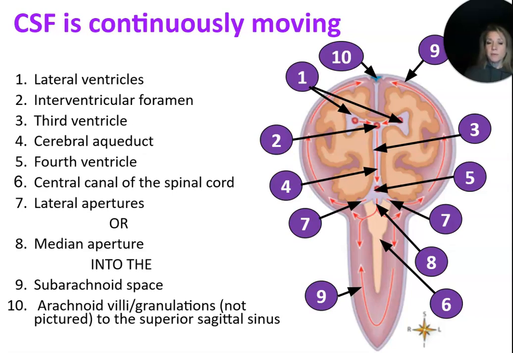If it goes out the median aperture or the lateral apertures, the cerebrospinal fluid enters the subarachnoid space. Eventually, it will reach an arachnoid villus, and then enter the venous blood, leave the brain and enter the general bloodstream, where it gets cleaned out and becomes a part of the blood itself.